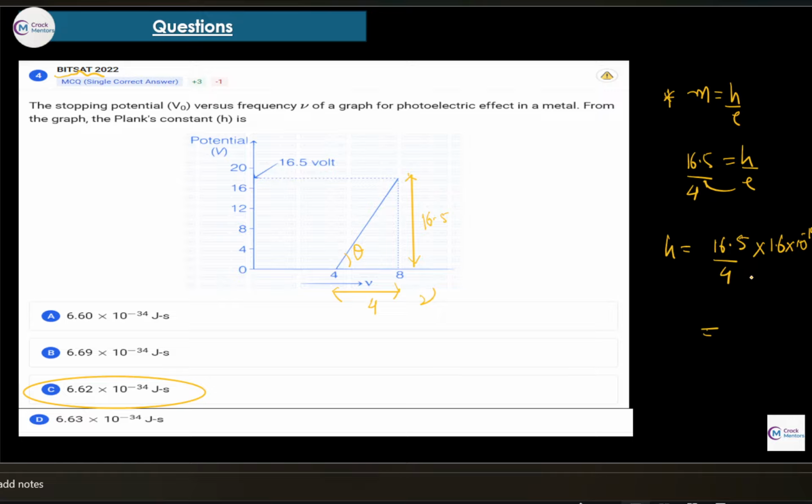The answer is 6.60 into 10 to the power minus 34. This option is mentioned for those people who know the value of the Planck constant and have just put it down right here. But the correct answer is option A. I'm hoping that you are getting my point.